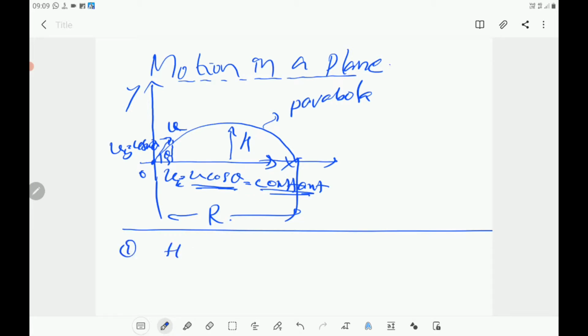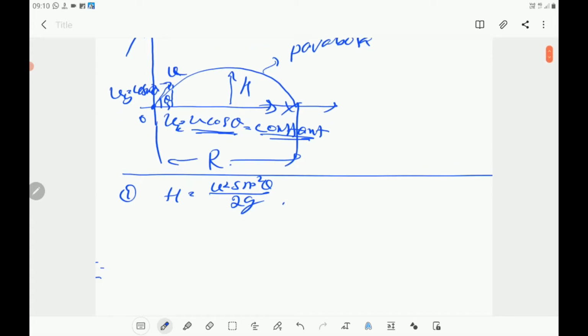For maximum height, u square sin square theta divided by 2g, right? And second one, time of flight, how long it was in air: 2u sin theta divided by g.